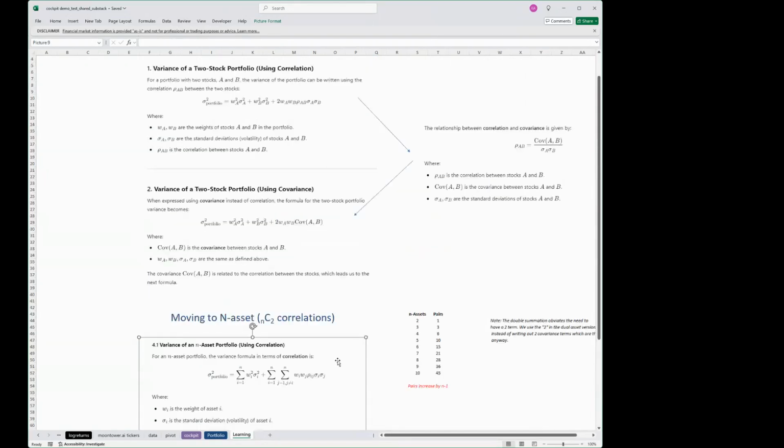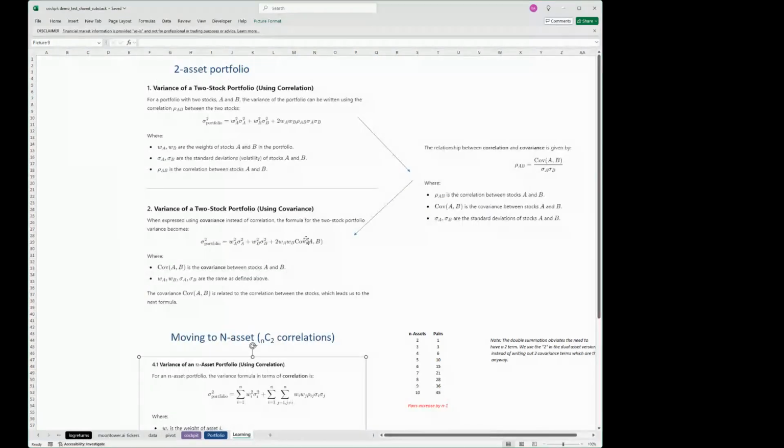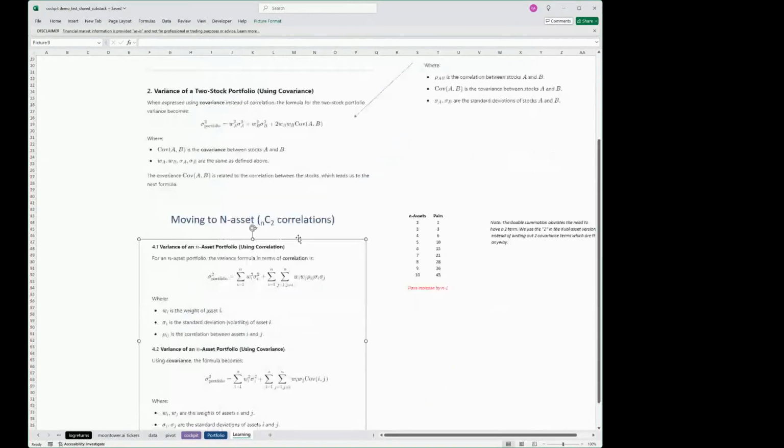I just want to make one note here. Up here, this term has a 2 when we're dealing with the two asset portfolio, and we don't see a 2 here with the double summation. The reason is that this term is actually 2 terms.